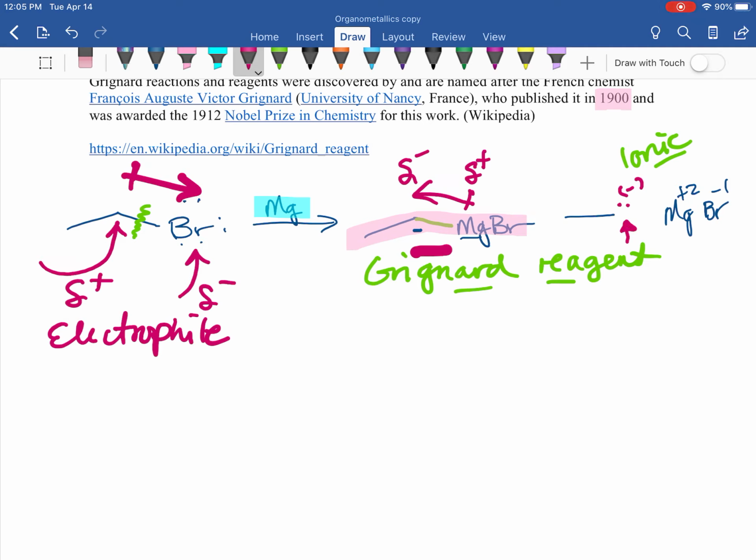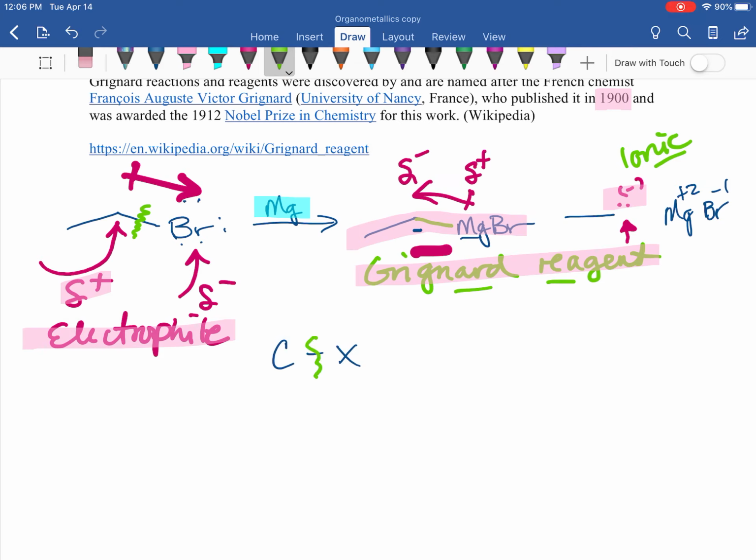So look what our metal just did. It did two things that are so important for organometallic chemistry. The first thing it did was drastically change the actual reactivity on that substrate. You went from a positive carbon to a negative carbon. And look how specific it is. That magnesium will only insert in between a carbon halogen bond.